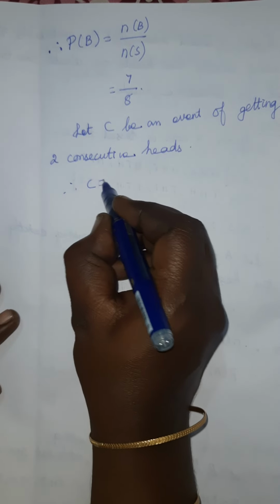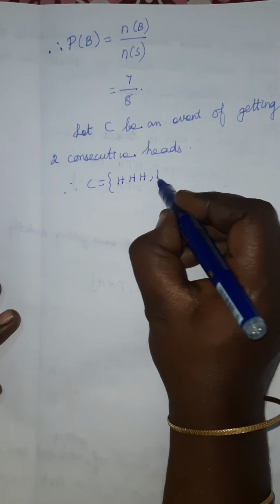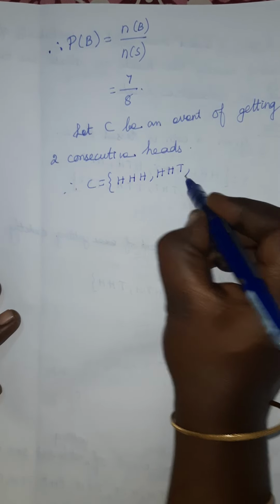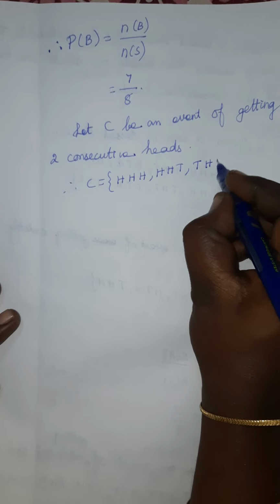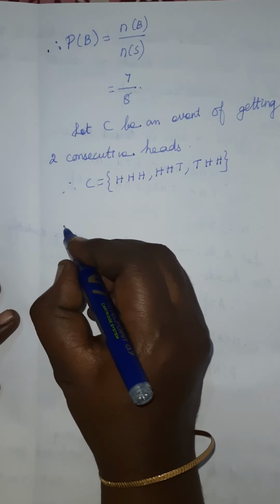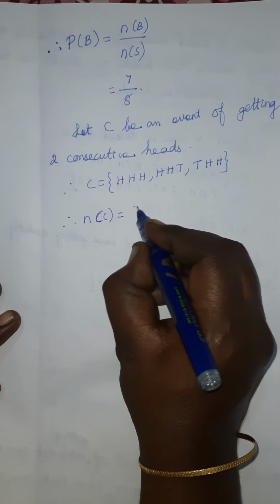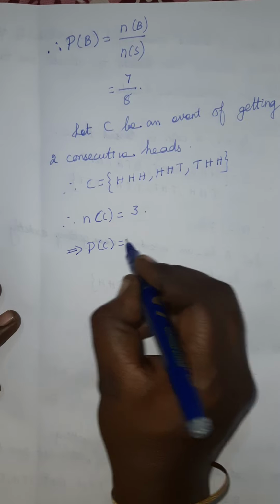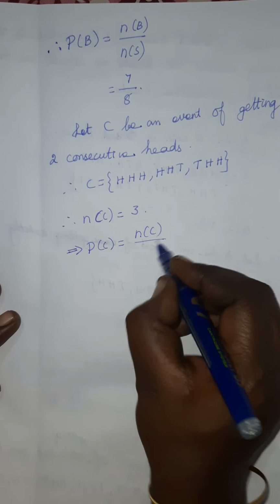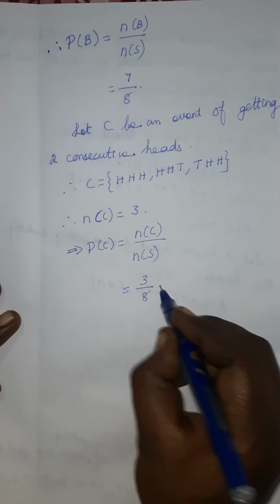Therefore, what are the elements in C? First element HHH, second element HHT, then fifth element THH. So what is n of C? How many elements are there? 3 elements. We can find out the P of C value. It is n of C divided by n of S, that is equal to 3 by 8.